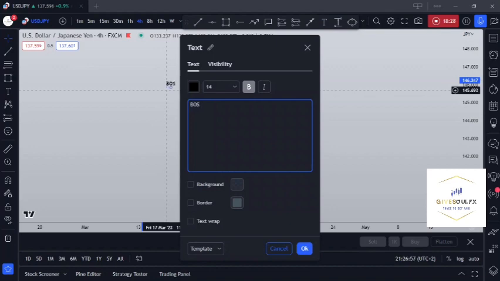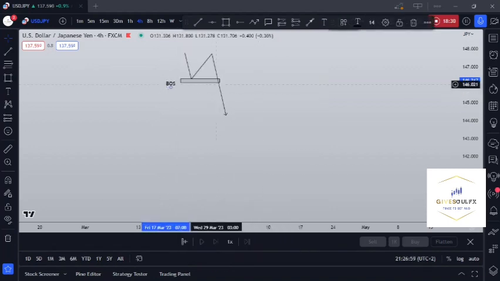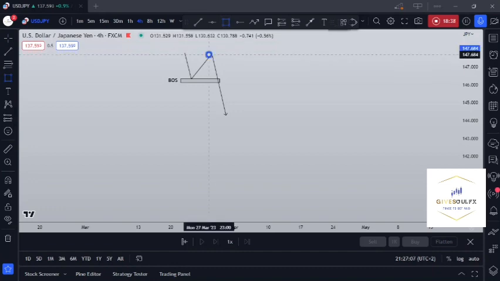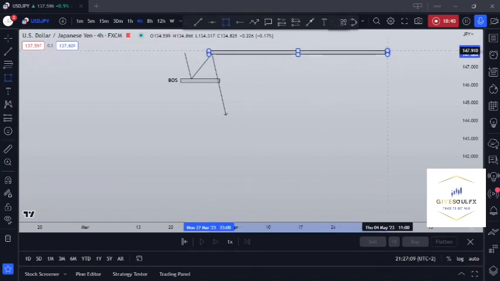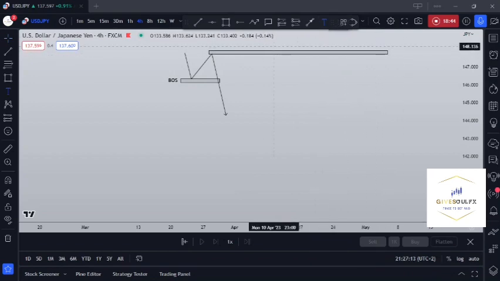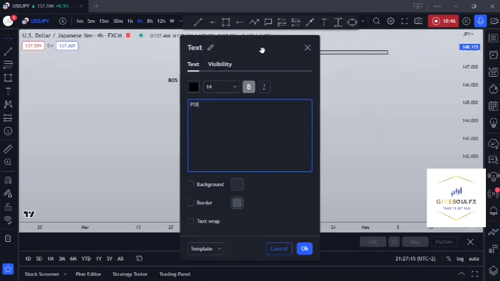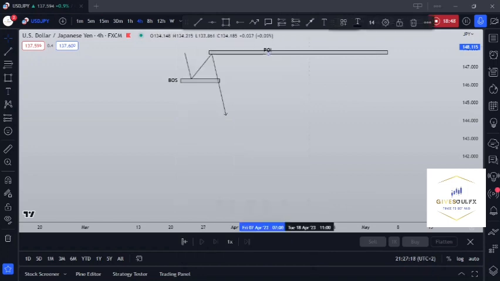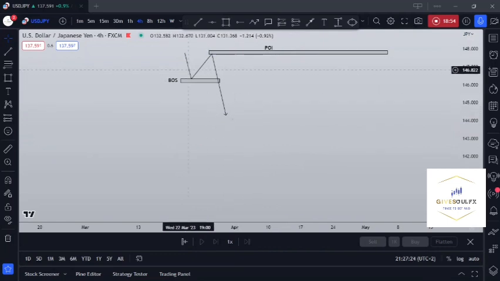This is my break of structure, with my point of interest here.